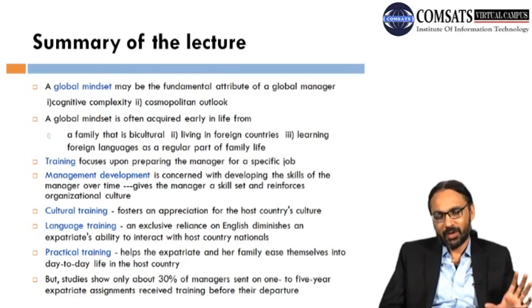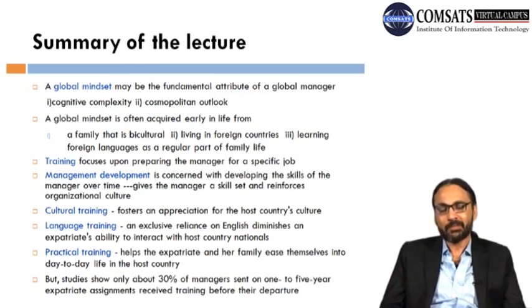The first one is if the manager has grown up in an environment where the family is bicultural. Bicultural means there are several possibilities: the parents may be from different cultures, or the parents and grandparents from different cultures, or the home and the neighborhood have different cultures.